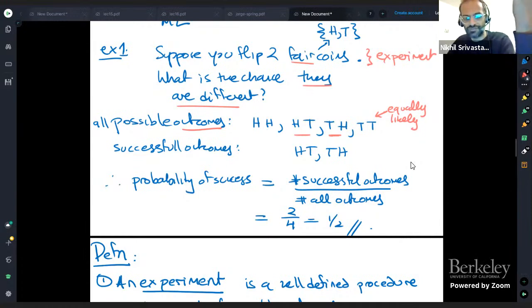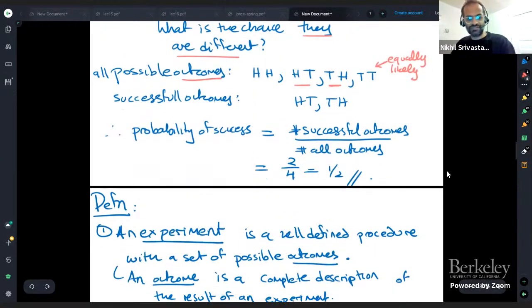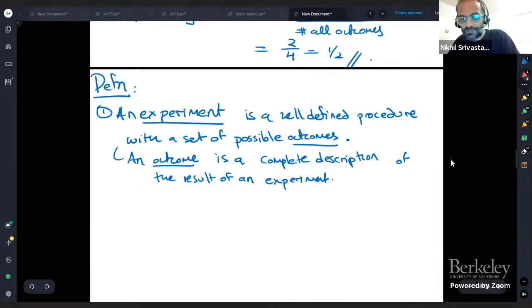You flip two fair coins, and the word fair says that you have a 1/4 chance of each of these things coming out. Or, okay, you have a half chance of being heads or tails. We'll say a little bit more about how to multiply probabilities later, but these are all equally likely. So in this case, the set of these are the outcomes, and the set of outcomes is very important. That's called the sample space.